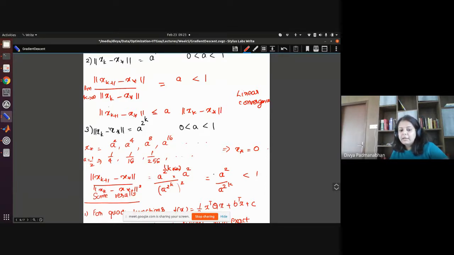So what we have in this case is quadratic convergence. Why did we take a square now? The idea is that you want to see how best you can do. Of course you can start with 1, and in this case also linear convergence is anyway true, but you want to see if you can do something better.